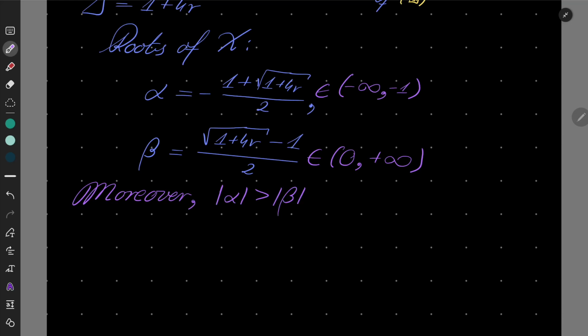It should be visible because in case of alpha, you just remove the minus sign, and here we have 1 plus square root, and below we have square root minus 1. The number above is pretty obviously greater than the number below. Okay.